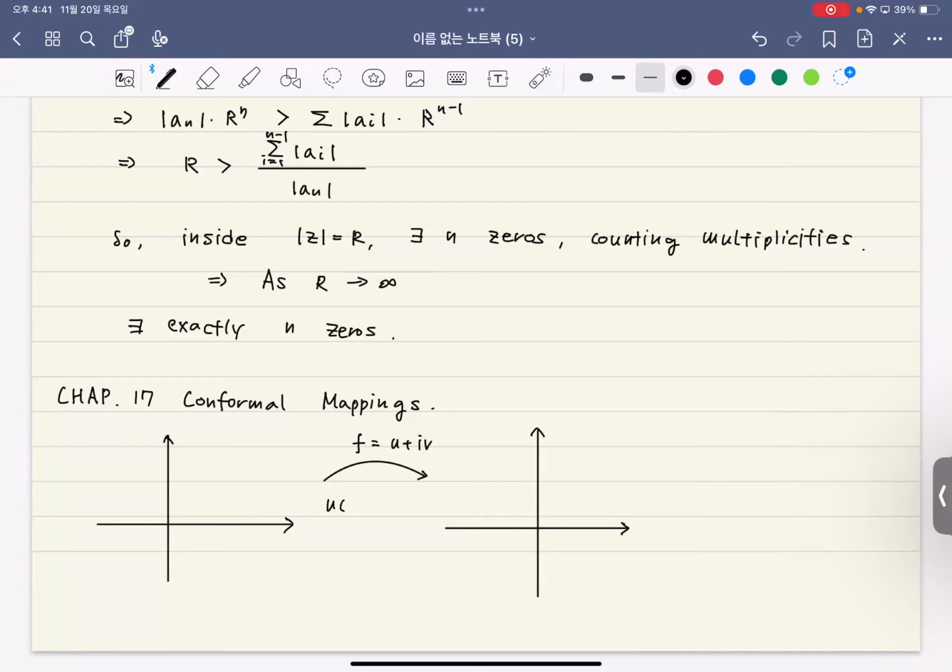And u was a function of x and y, and v was also considered as a function of x and y. So this is x and y, and this is u and v. So you may consider any complex function as a function from the space of x and y coordinates to another space of u and v coordinates.